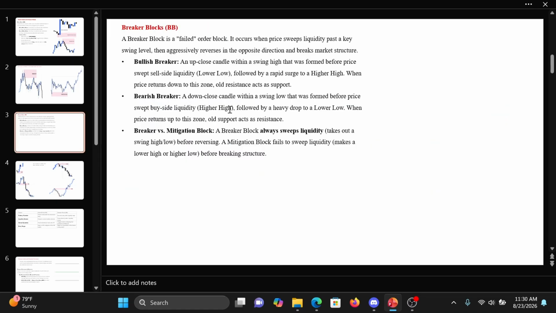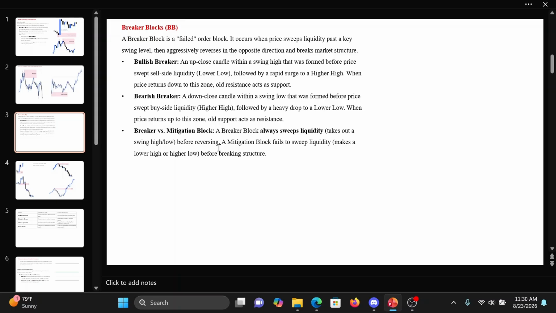So the bearish one, you are saying, is when a candle within a swing low was formed before price swept the buy side liquidity, followed by a heavy drop to a lower low. When price returns to the zone, it acts as resistance or support. So let's look at breaker versus mitigation blocks. A breaker block always sweeps liquidity, takes out a swing low before reversing.